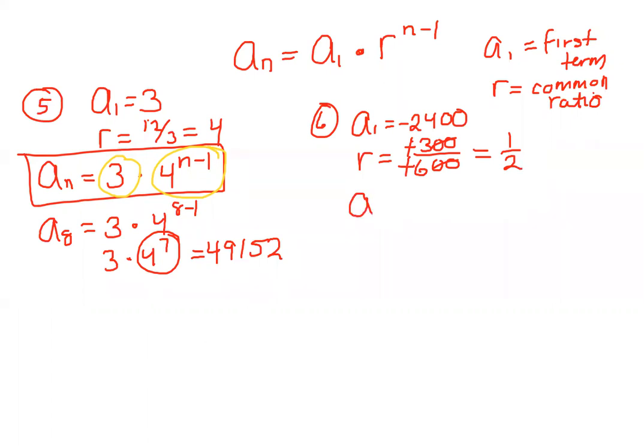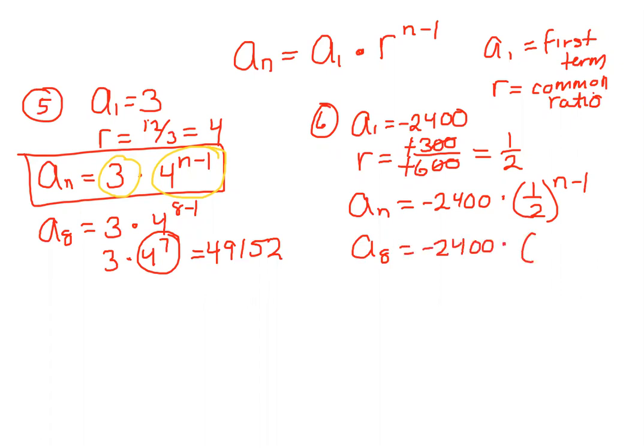So our explicit formula is a_1 times r to the n minus 1. And a_8 is negative 2,400 times 1/2 to the 8 minus 1, which is 1/2 to the 7th. If you take 1/2 to the 7th and multiply it by negative 2,400, you should get negative 18.75.